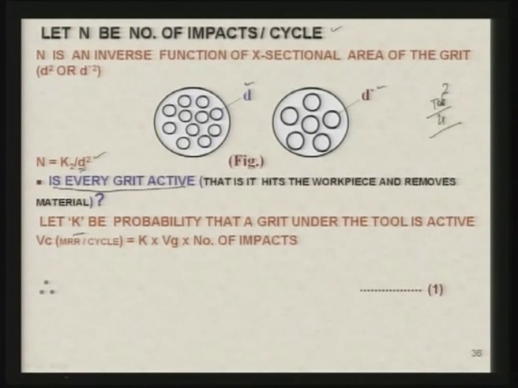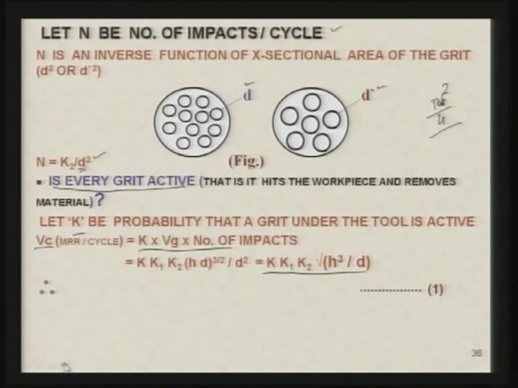Then Vc, the volume of material removed per cycle, where suffix c indicates the cycle, becomes equal to k, the constant as we have seen above, Vg, the volume of material removed per impact, and the number of impacts. So, it becomes k k1 k2 h raised to power 3 by 2 divided by d square. So, k k1 k2 under root h cube by d, this is what you get over here.